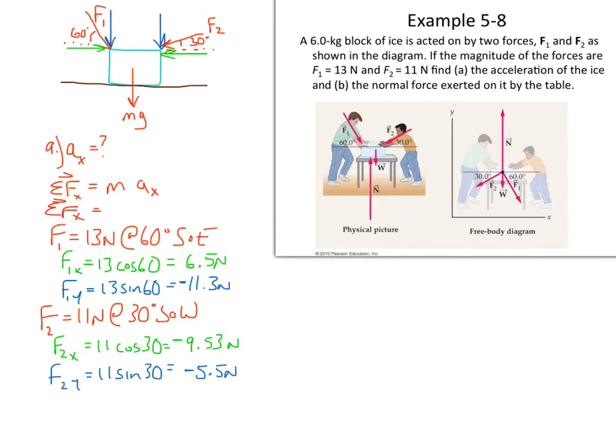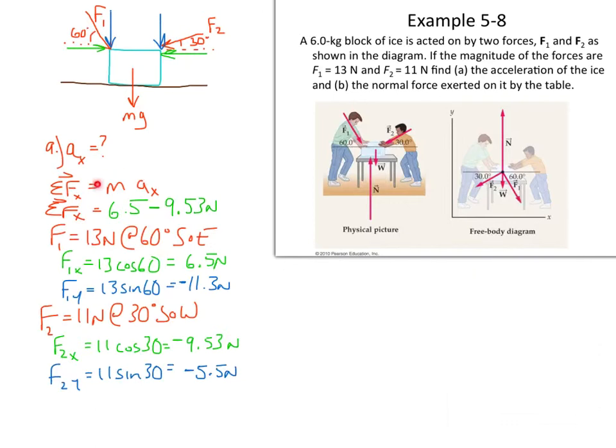In the x direction, we've got a positive x, 6.5 newtons, and we've got a negative x, right? I will write them in green. 6.5. I'm going to call the positive direction, and the opposite direction I'm going to call negative, so it's going to be minus 9.53 newtons. Okay? It's in the opposite direction.